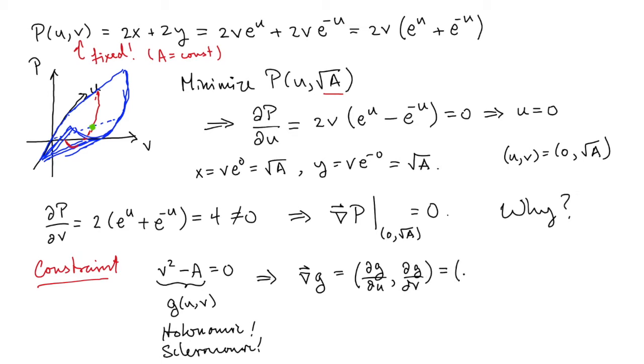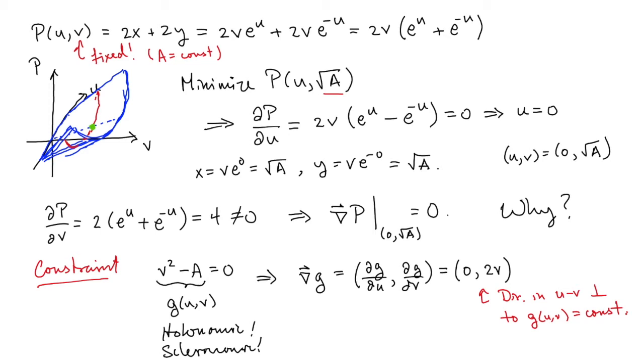This is equal to 0, because it doesn't depend on u, times 2v. And this is the direction in uv space that's perpendicular to constant g, and in particular, g equals 0.